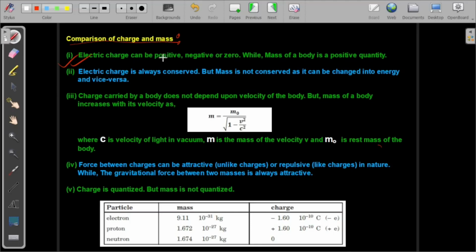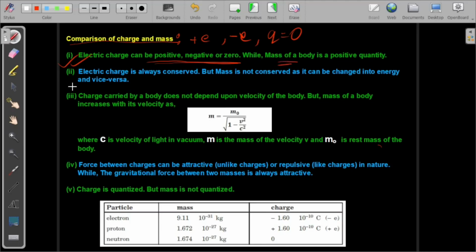That means you already came to know that charge can be positive also, negative also, and sometimes the total charge will be zero. But mass of a body is always a positive quantity. It can't have a negative value.